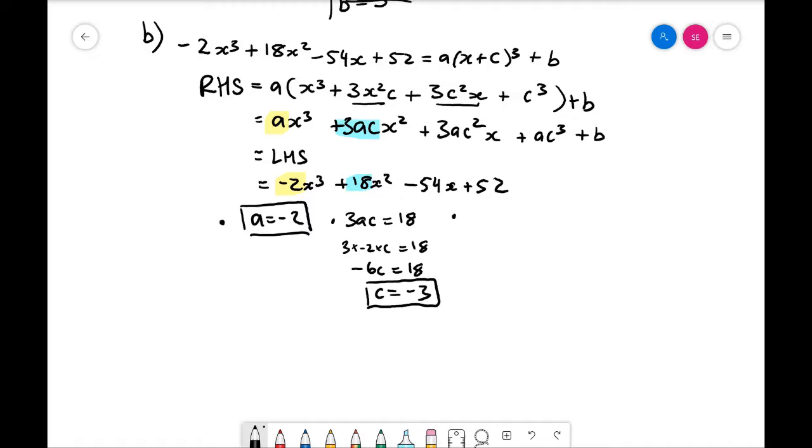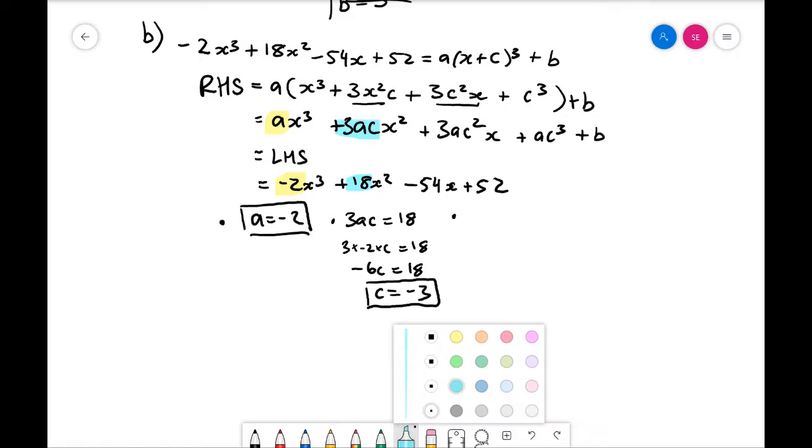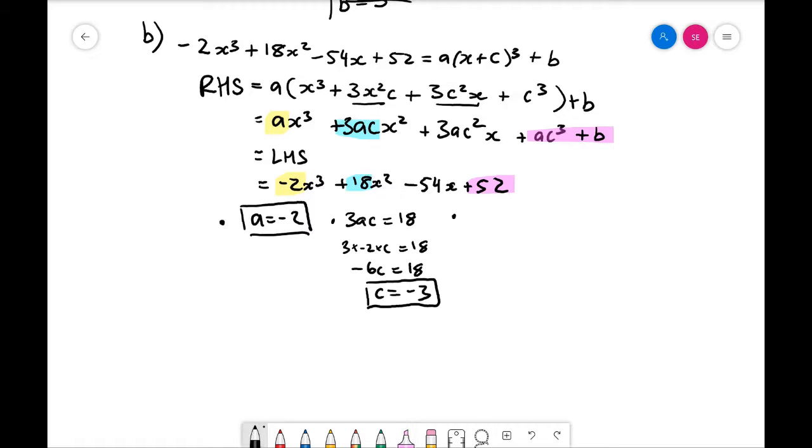Alrighty. And last but not least, let's find b. Let's use pink. So if we equate the constant term now, we'll get ac cubed plus b is equal to 52.